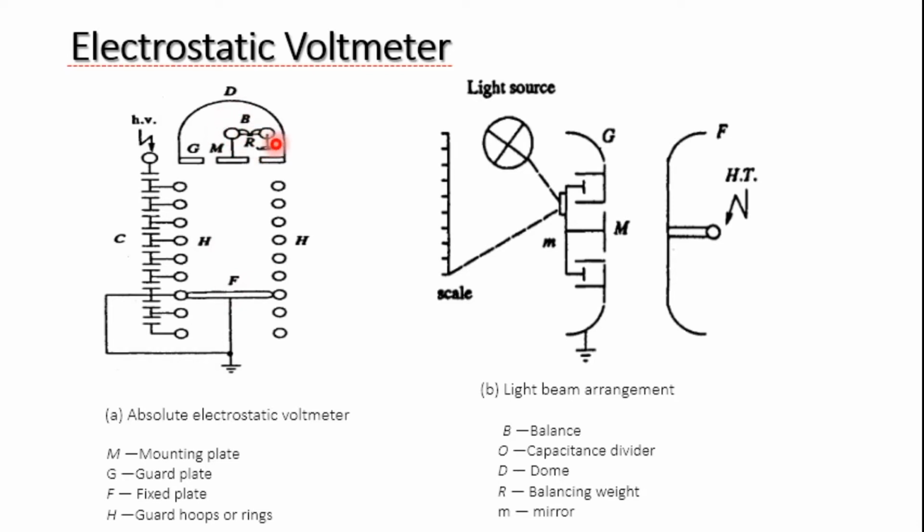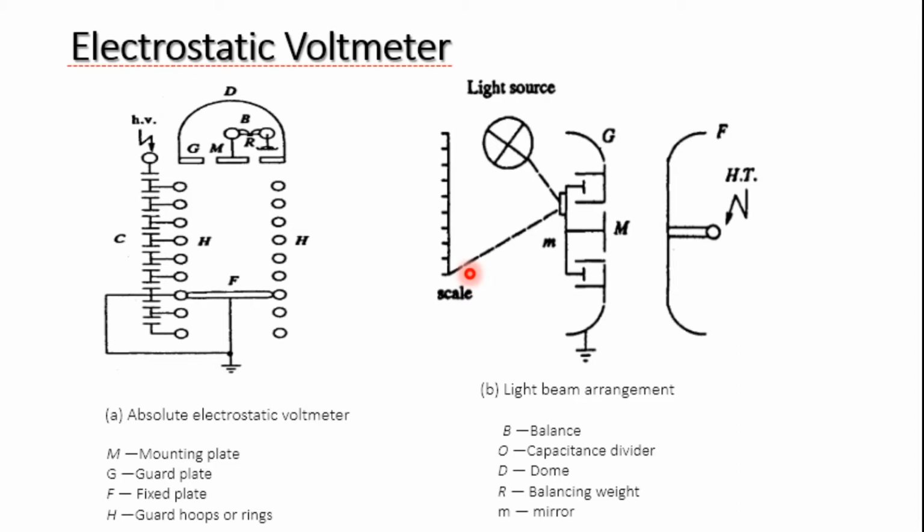Inside of this there is a mechanism. Depending upon the force exerted, the light will fall on the element, and this will reflect the force exerted between the elements. So this is how exactly the electrostatic voltmeter works.